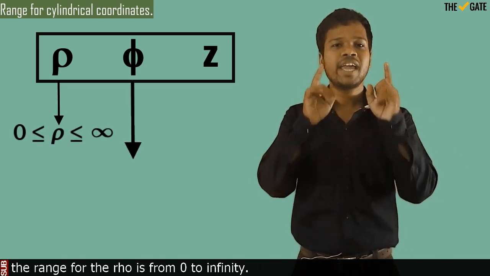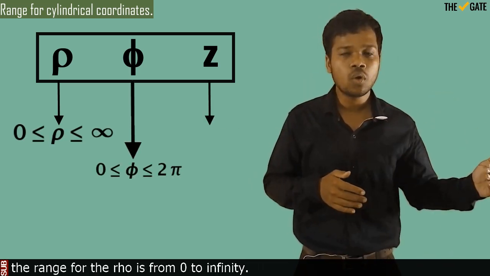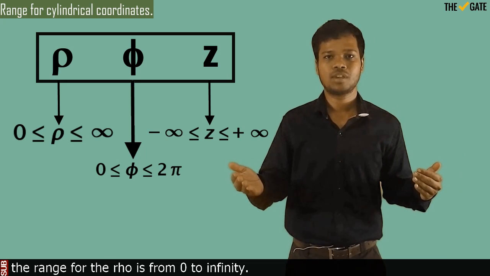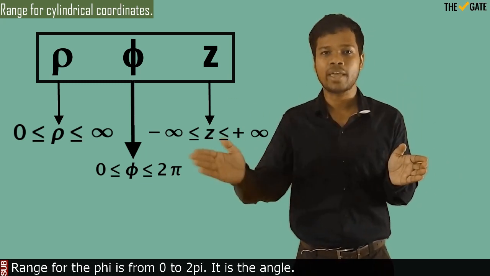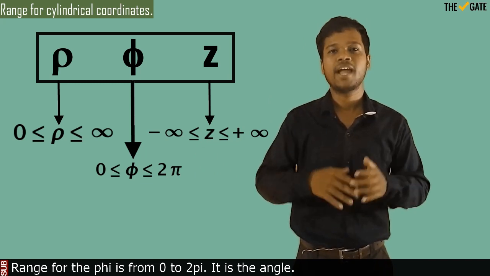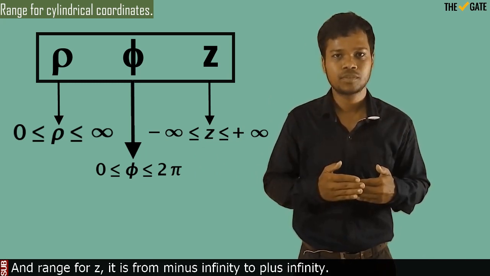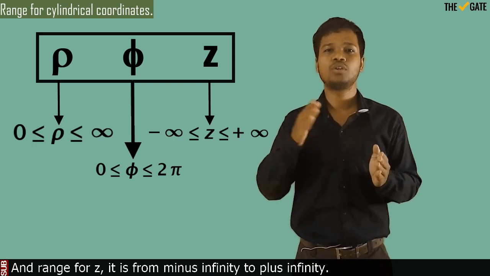The range for rho is from 0 to infinity. The range for phi is from 0 to 2 pi. It is the angle. And the range for z is from minus infinity to plus infinity.